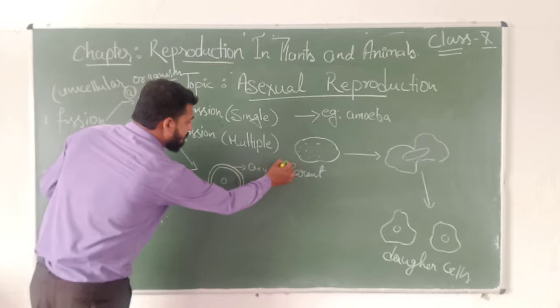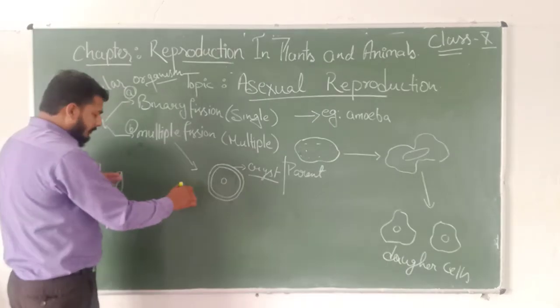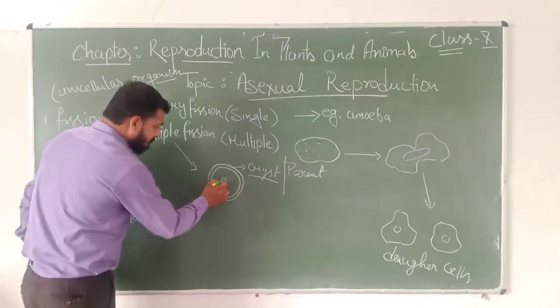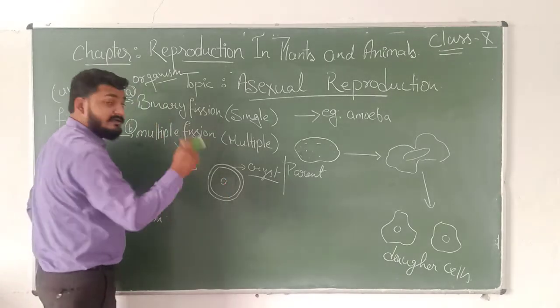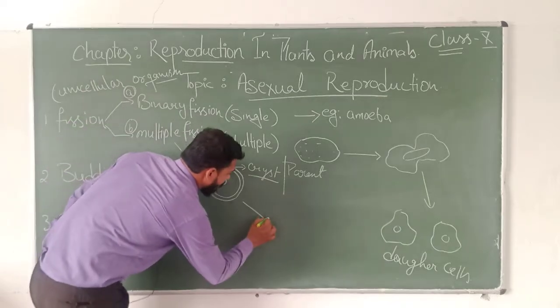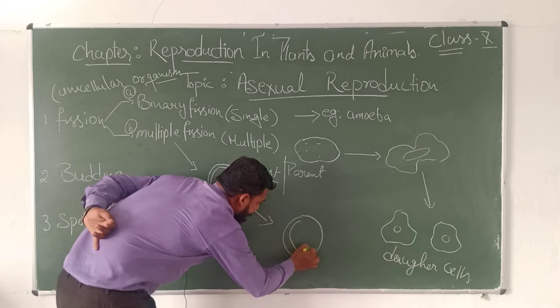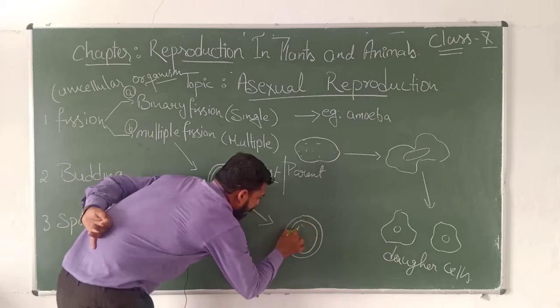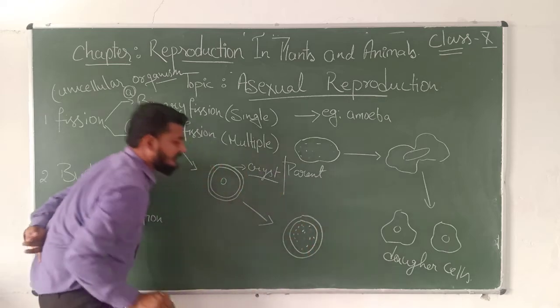Once the cyst is formed, it is a protective layer, and inside the cyst the nucleus will start to divide several times. Now what does it look like? This is the cyst, this is the cell, and the nucleus has divided a number of times.